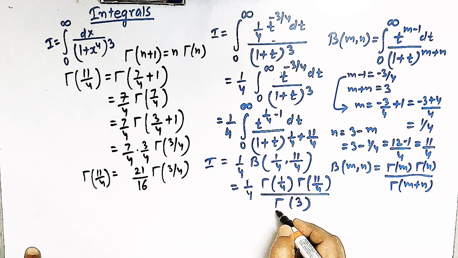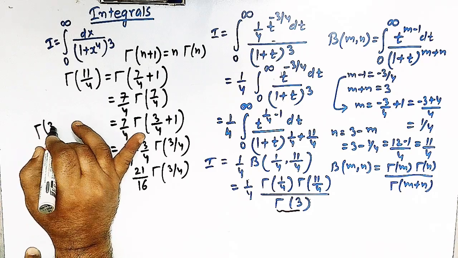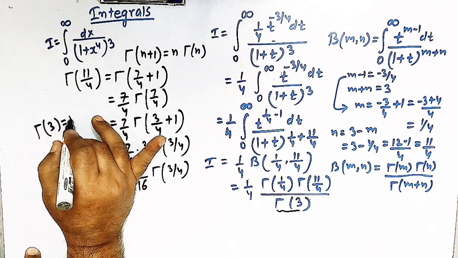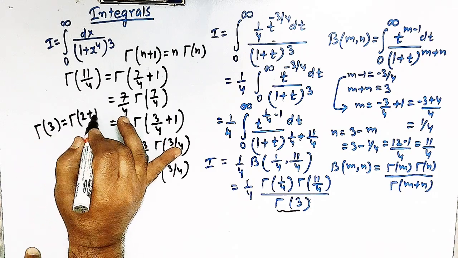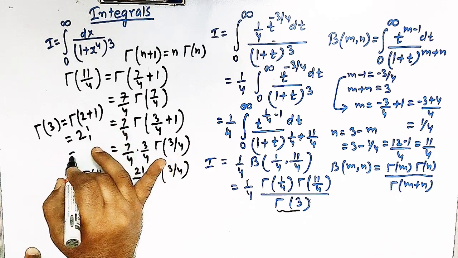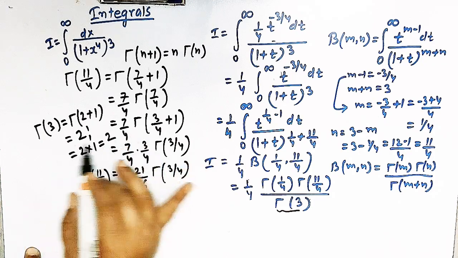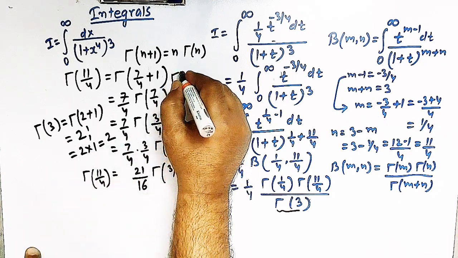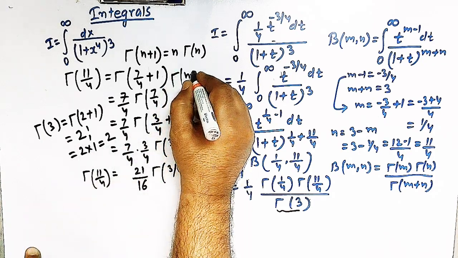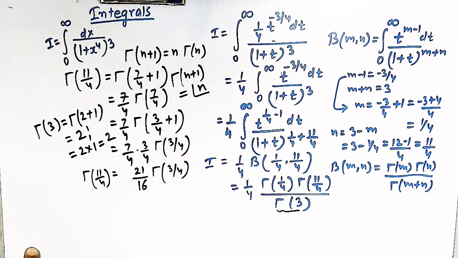Now here we have gamma 3. Now gamma 3 can be written as gamma 2 plus 1, that is equal to 2 factorial, and 2 factorial is 2 times 1, that is 2. So here we have used this result, that is gamma n plus 1 is equal to n factorial, right?